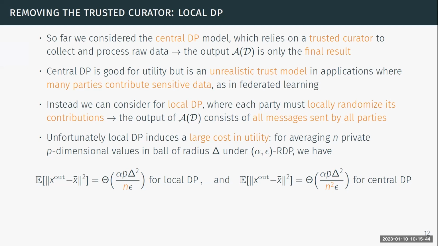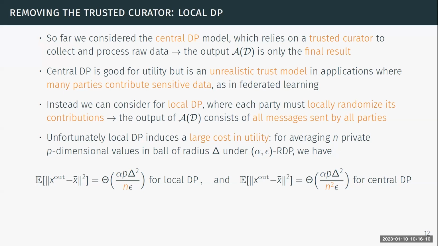There is dependence on how much privacy we want and on p, but the main important thing is that we have an n squared here. Whereas in this local DP setting, if everybody needs to protect from everybody else locally, then we lose a 1/n factor. So the error in the estimated average will be a factor n larger in local DP than in central DP. And so this is very bad.